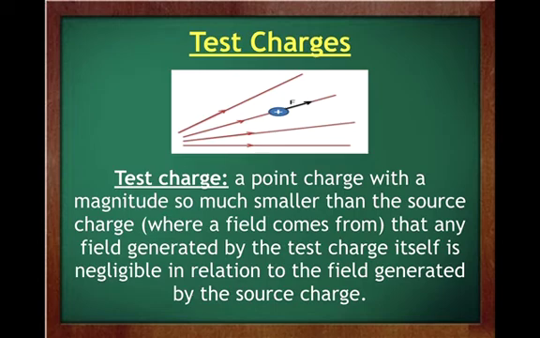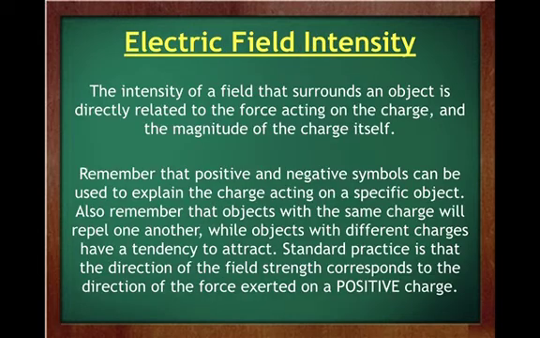So in a situation like that, we're not thinking about fields interacting with each other, it's just the field of the source particle acting on the test charge, because its own field would be negligible compared to the field it's actually in from the source. So we'll be talking about source charges and then the test charges.